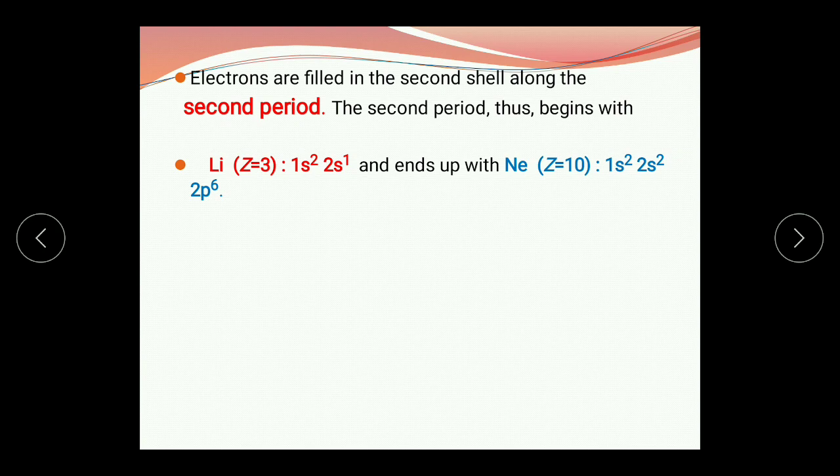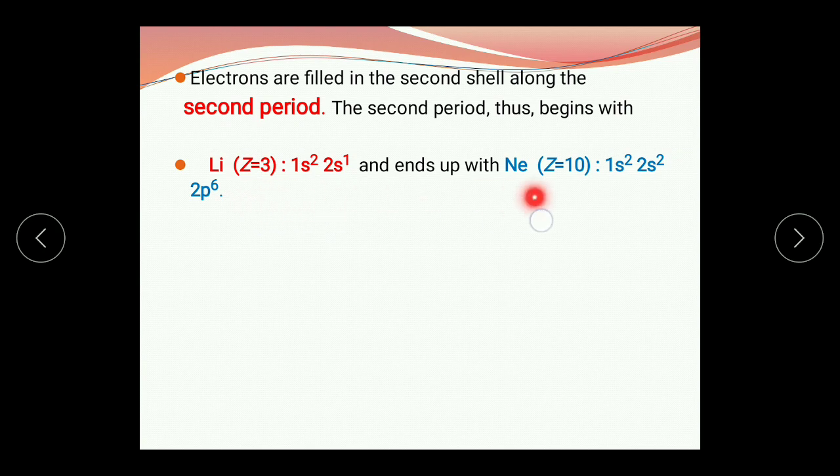That means the capacity to accommodate electrons in the second shell is 8, and that shell is complete with neon. Up to neon, atomic number 10, the second shell is finished. And the third period will begin with the filling up of the third shell. Third shell has 3 subshells s, p, d, and when those are complete, the third shell will also be complete.